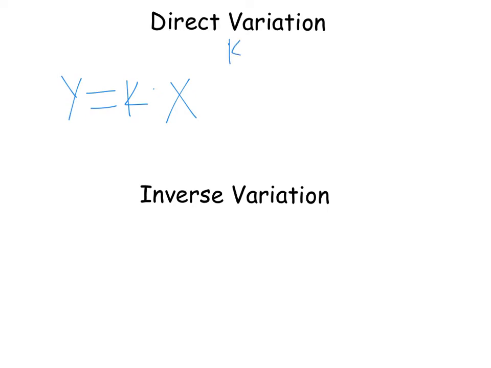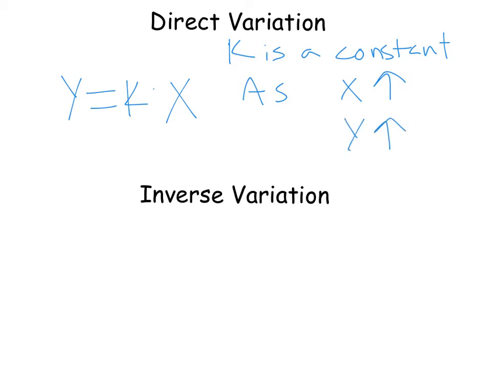In a problem like that, k is going to be a constant. And for a model that's going to be direct, here's what you need to be thinking. I want this set up so that as x increases, y increases. Those two variables need to go up together.